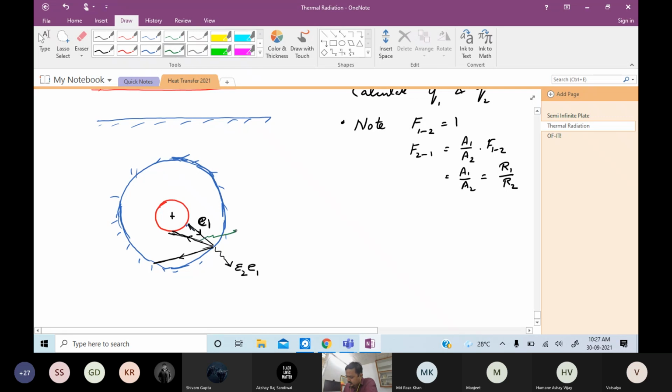So this first one is going to be a1 by a2 times 1 minus epsilon 2 times E1. And this second one is going to be 1 minus a1 by a2 times 1 minus epsilon 2 times E1.